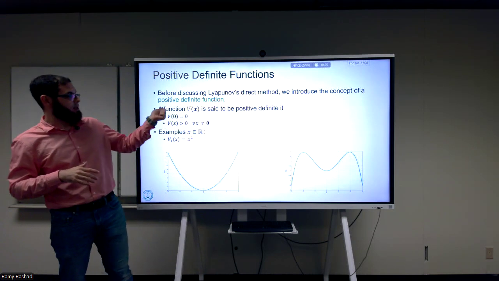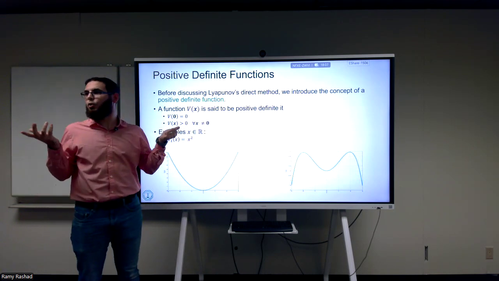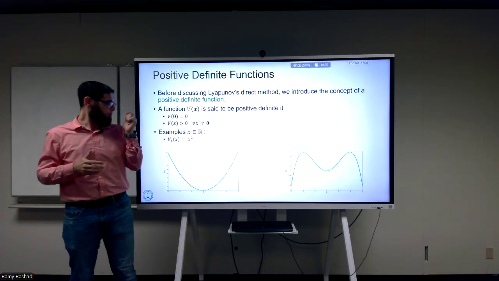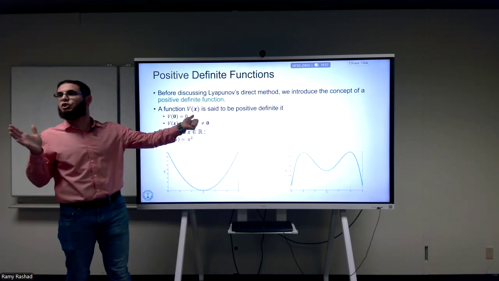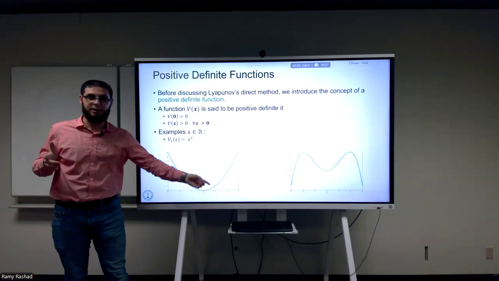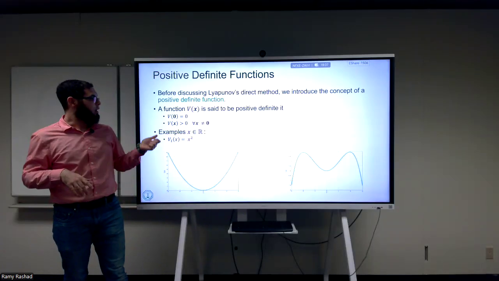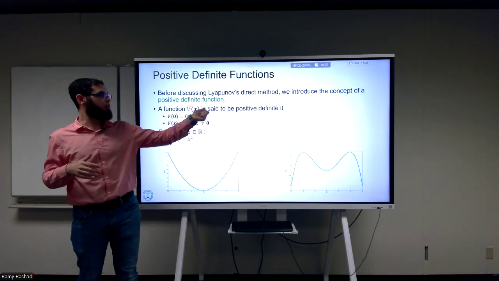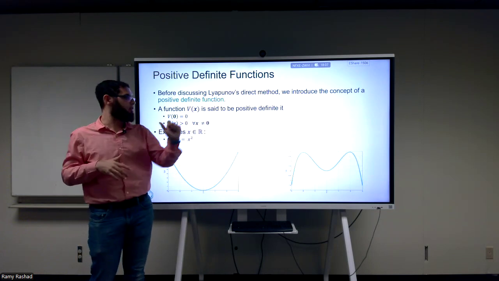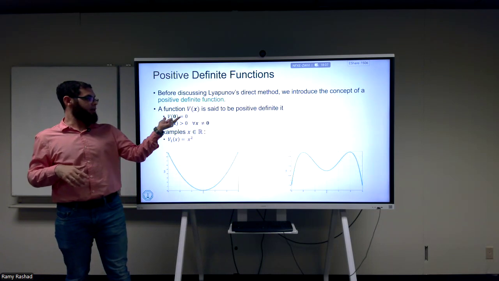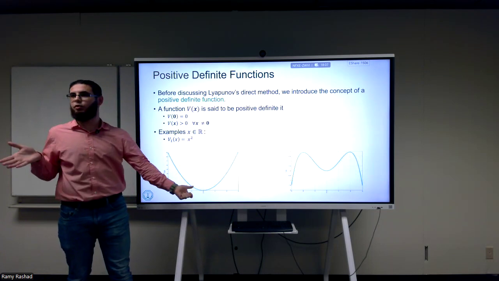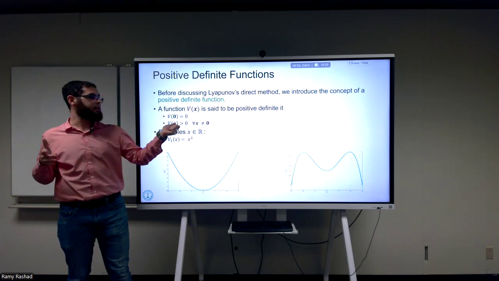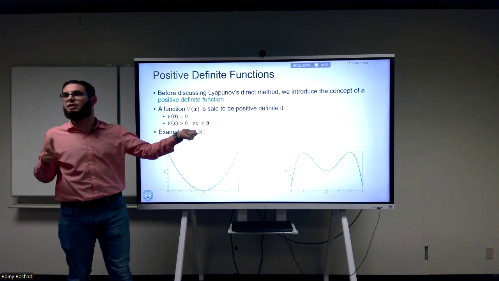Before talking about what Lyapunov's direct method is, let's talk about what a positive definite function is. So assume x is just a scalar, so here we're talking about a scalar function. V of x is called a positive definite function if V of the origin is equal to 0, and V of x is greater than 0 for all x not equal to 0.